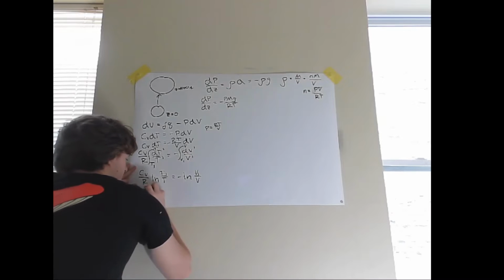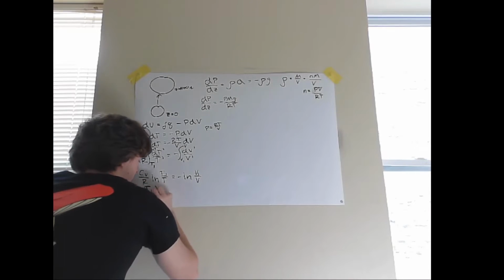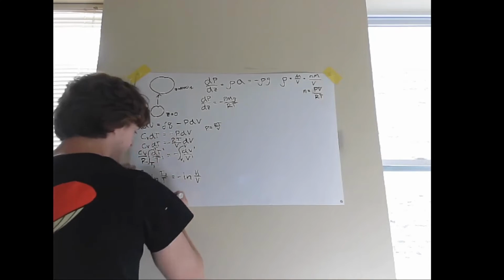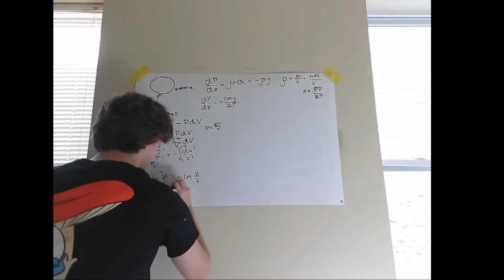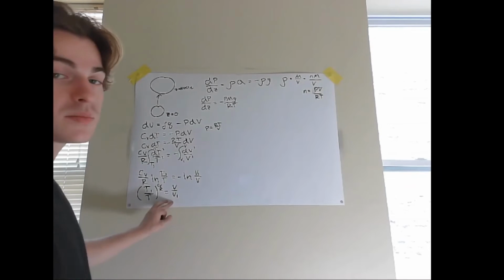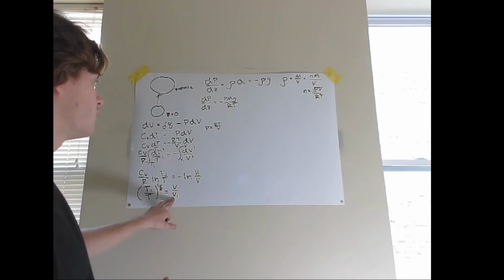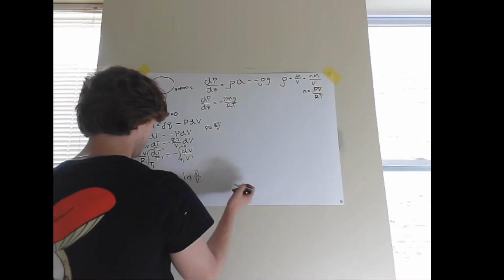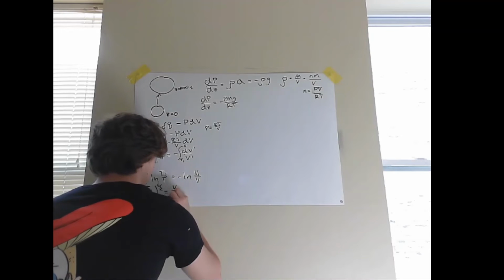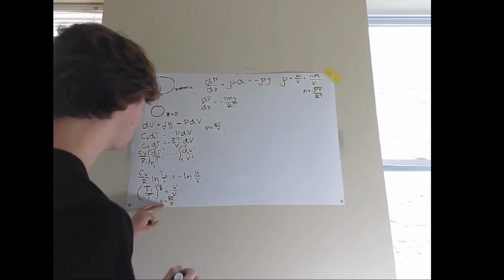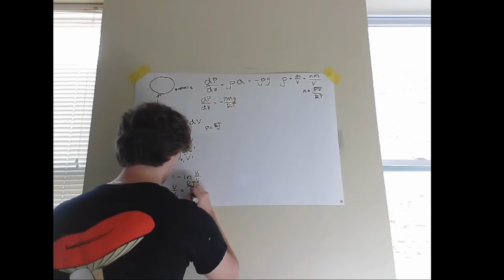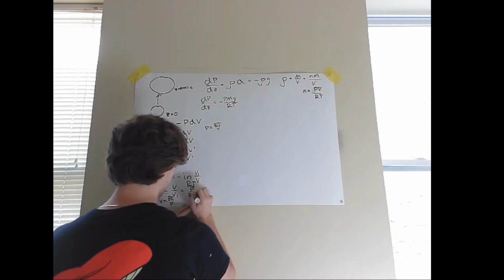So we're left with T1 over T to the CV over R equals V over V1. And then from here, I'm going to use the ideal gas law again to rewrite our volumes. And so volume is going to be equal to RT over P. And so this is going to be equal to RT over P over RT1 over P1.